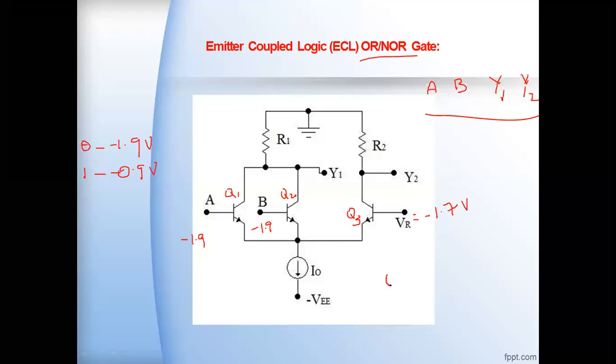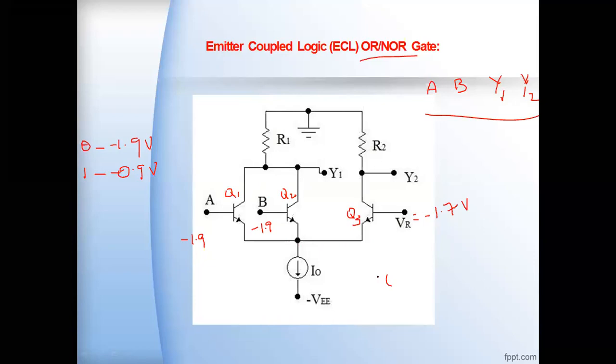The transistor Q3 will conduct more here. Why? Because it is at the lower negative voltage, therefore it conducts more. And A and B are at the higher negative voltages, minus 1.9, so they will be less conducting in the circuit.